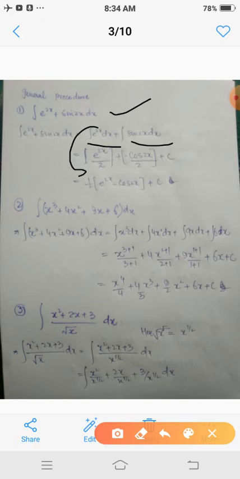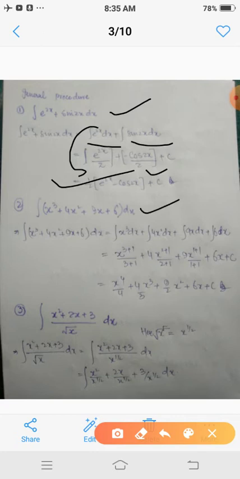Similarly, the integration of sine is minus cos, that is minus cos 2x, then differentiate the angle. The angle of this function is 2x, which implies that its derivative is 2. So writing it in the denominator, we simply get minus cos 2x upon 2 plus c. So this is the required integral.